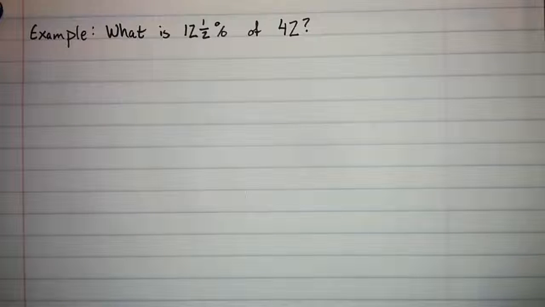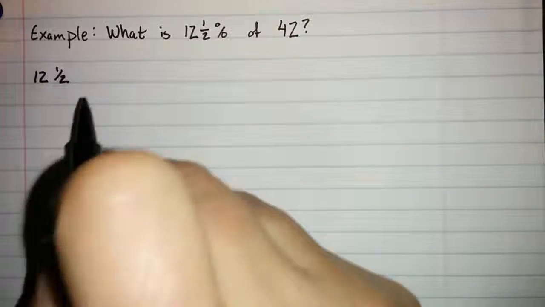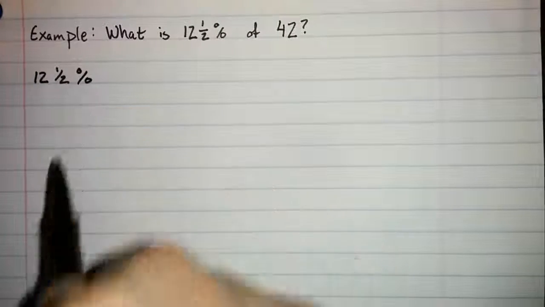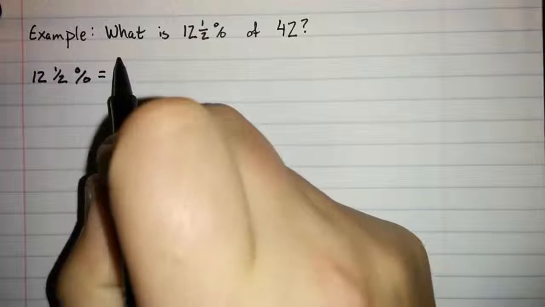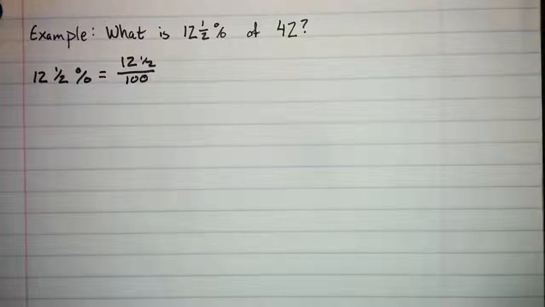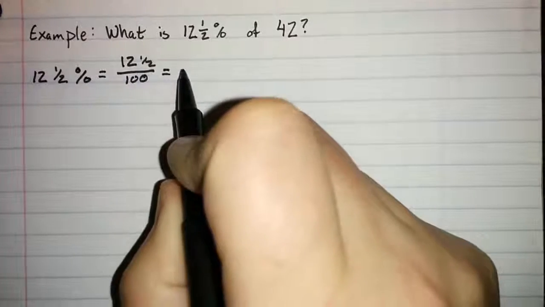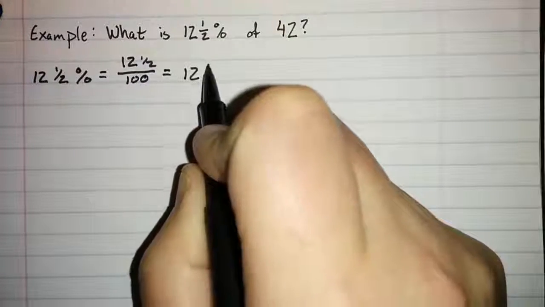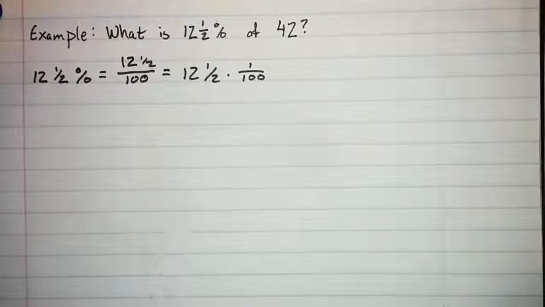Let's say we wanted to find 12.5% of 42. Right, notice 12.5%, if we'd like to write that as a number, that's 12.5 100ths. Let's see, that's 12.5 times 1 over 100.